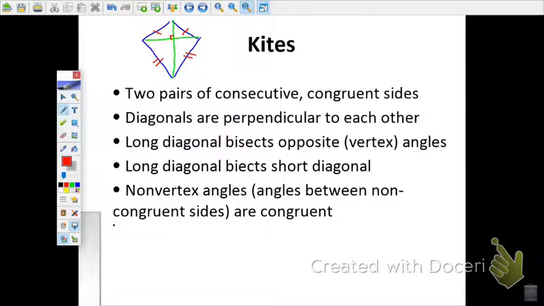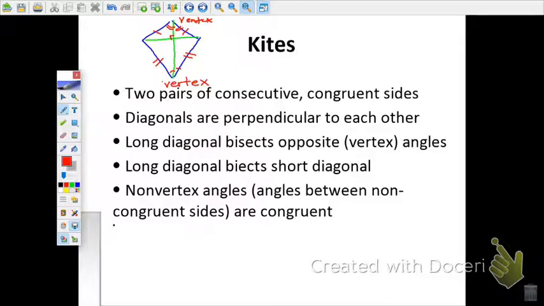The long diagonal, the one that's vertical in my diagram, bisects the opposite angles, which we call the vertex angles. So up top and down below are what we call the vertex angles, and they have been bisected. So they've been cut into equal parts.